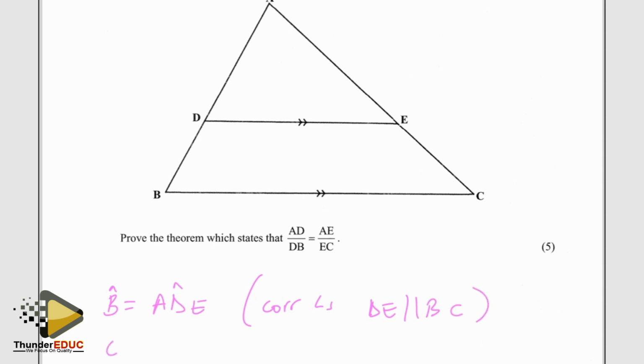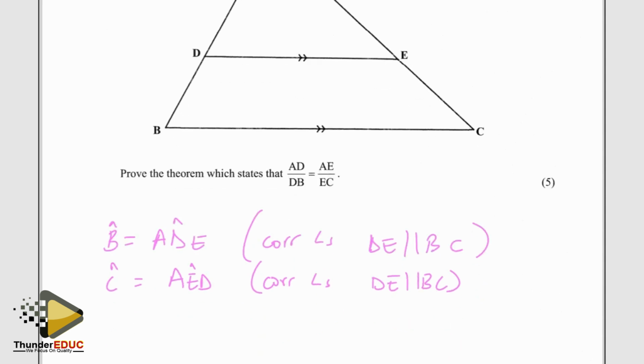Then C is the same as AED, for the same reason, corresponding angles. Then we can see that angle A is common. Therefore, ADE is similar to ABC because of the angles.